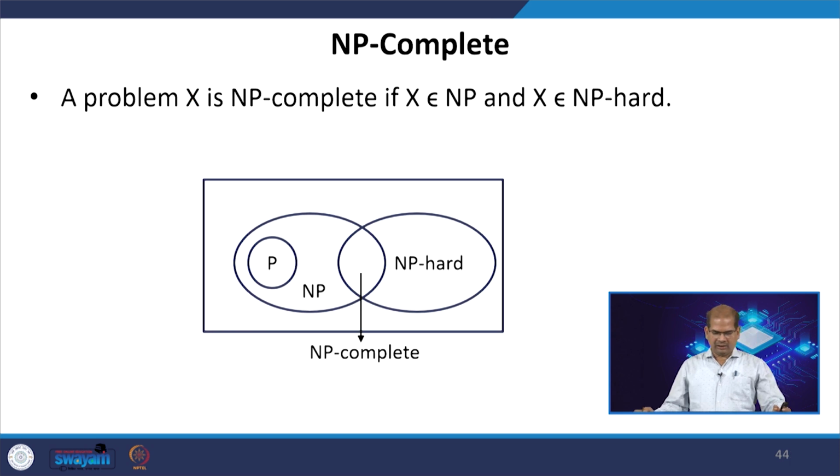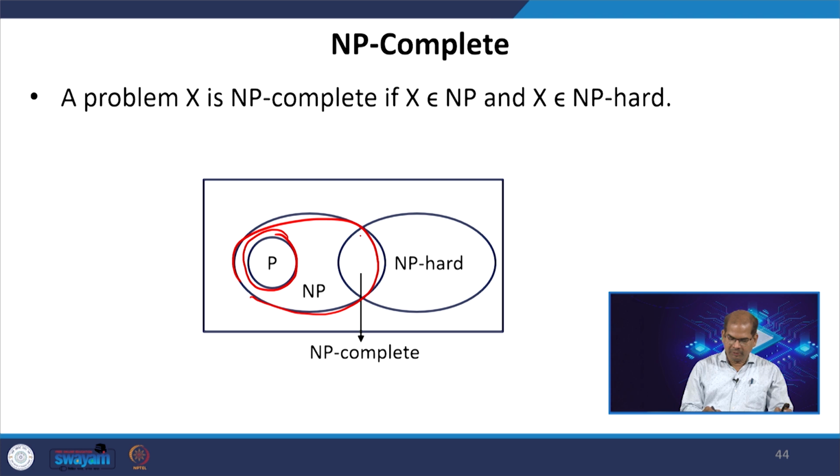Then if you look at the Venn diagram, we have polynomial time algorithms. We have NP, non-deterministic polynomial time algorithms. Then we have NP hard, and NP complete is the intersection of these.